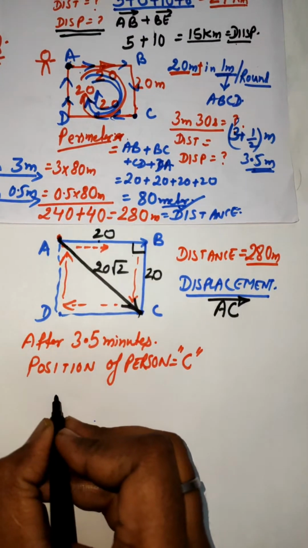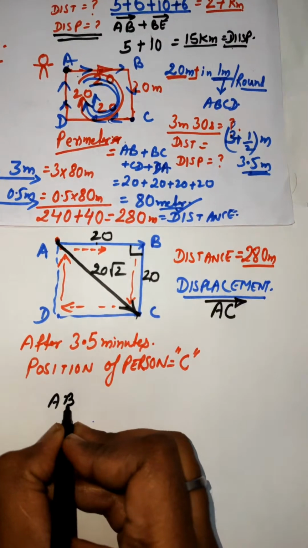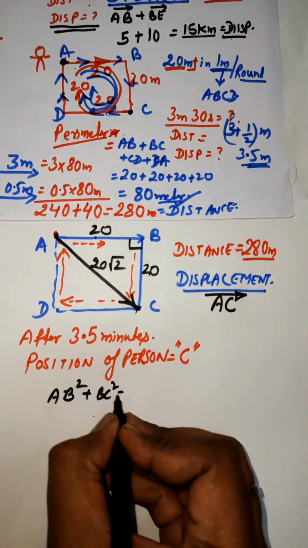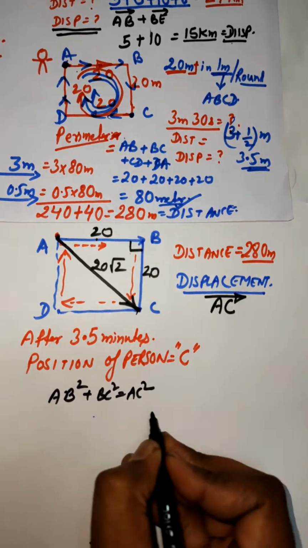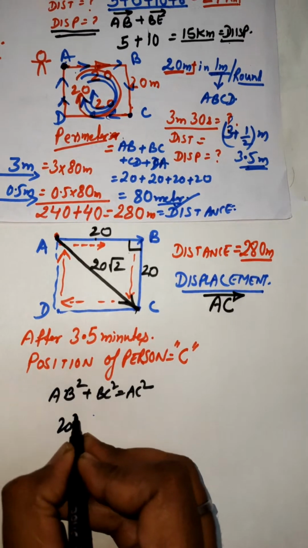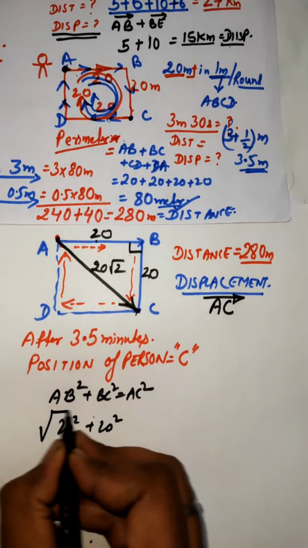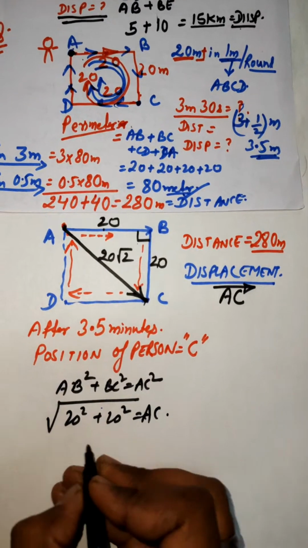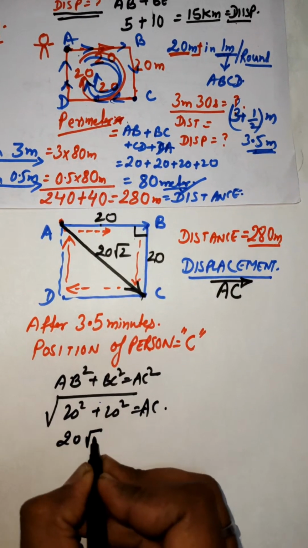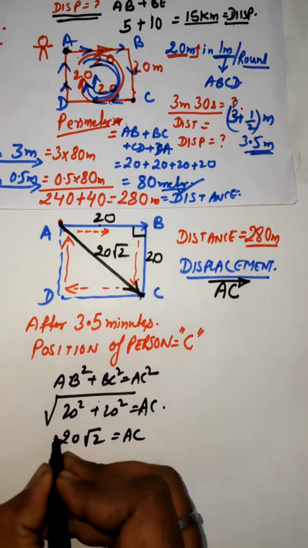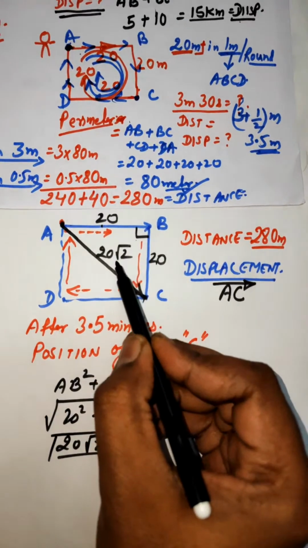Just apply Pythagoras. So applying the Pythagoras, we get AB square plus BC square equal to AC square. So AC square can be calculated as 20 square plus 20 square, root over. This will be AC, and we are getting 20 root 2 as the value of AC. So here we have directly written that.